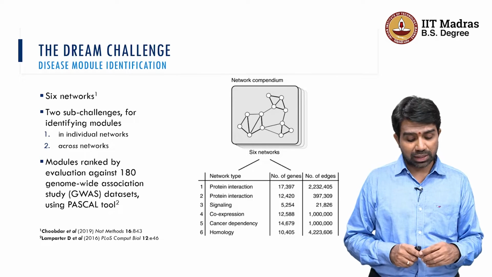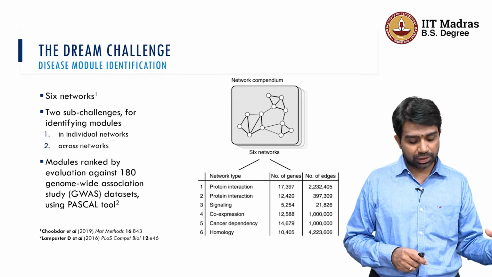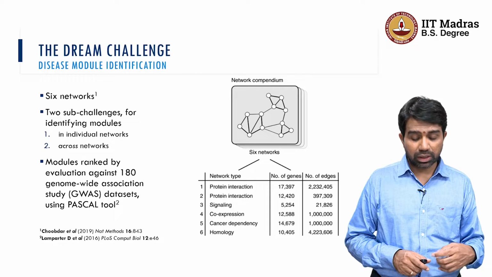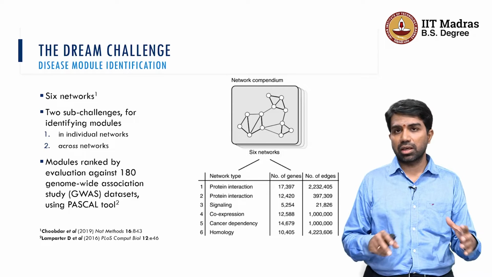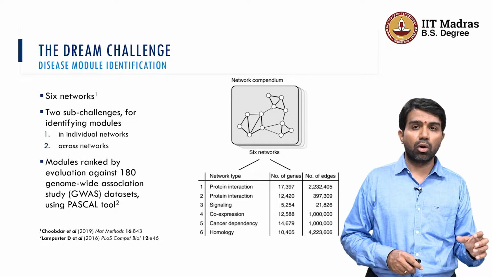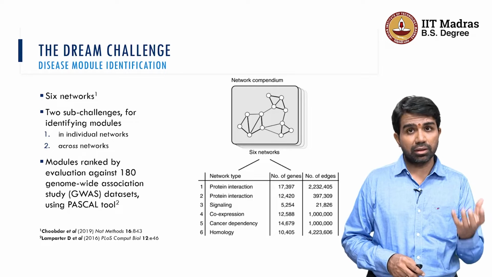And how were these modules assessed? They were ranked by evaluation against 180 genome-wide association study data sets, called GWAS data sets, using a tool called Pascal, which does fairly advanced statistical analysis to determine if a given module is enriched for a given set of predicted genes.